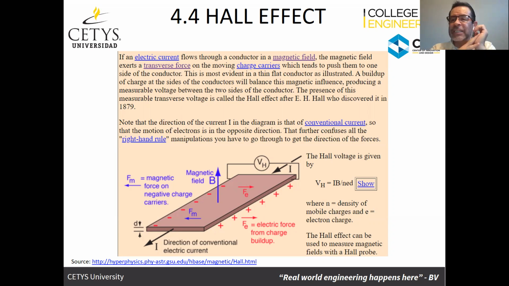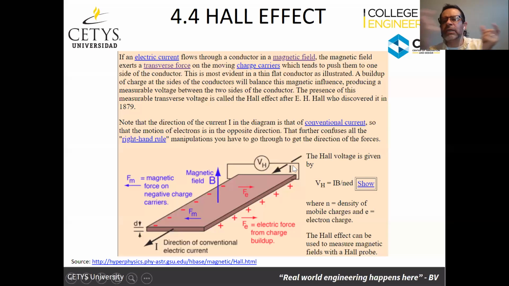And there's an experiment that this guy did with regards to this effect. And it's used for many, many applications in real life. A lot of them that you interact with day to day, and you probably don't even notice it. So basically what we see in the image is that we have a conductor. Let's assume that we have a plaque here.